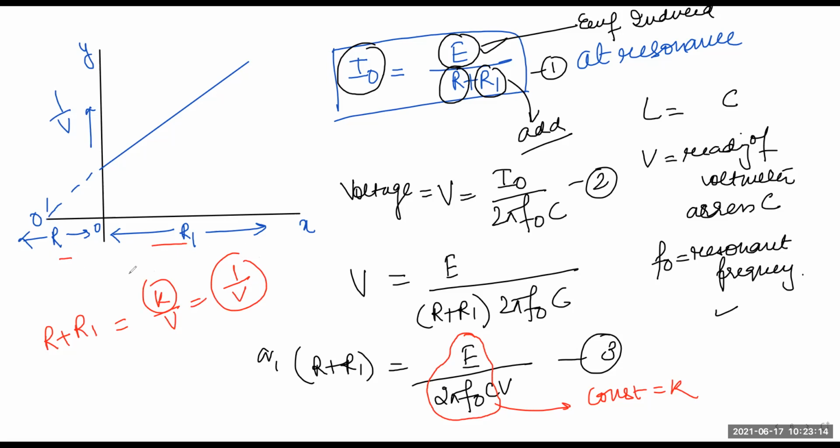Now, clear? Depending upon the formula which I got, I have plotted a curve between 1 by V and R1, and we get a straight line as shown in this curve. Effective resistance is given by this O dash and O. This is my effective resistance, provided that the loss resistance of the capacitor, which at some point in the calculation we neglected.